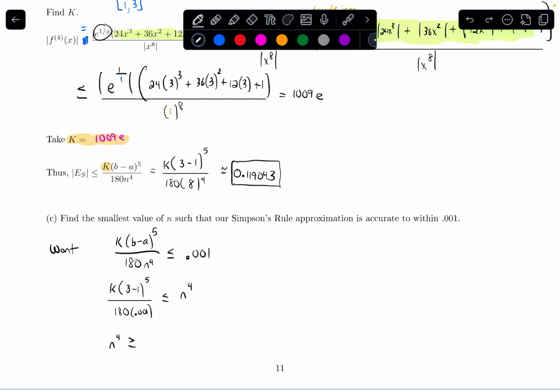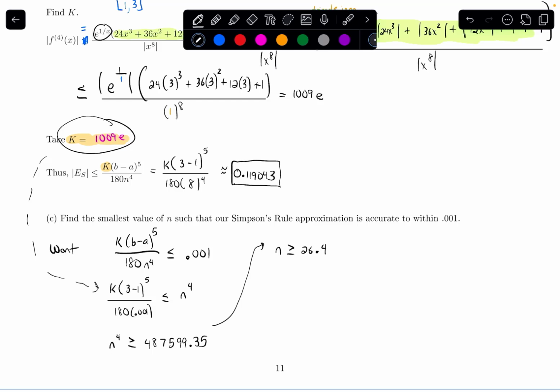If you plug in the value of k that we got, and you work this out with a calculator, you get that this is 487,599.35. All right, so now if I fourth root both sides, you'll get n is greater than or equal to 26.4.